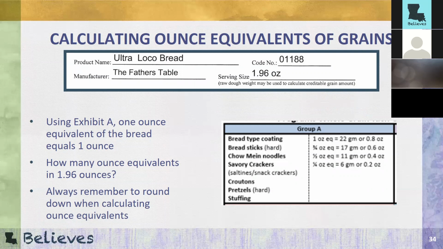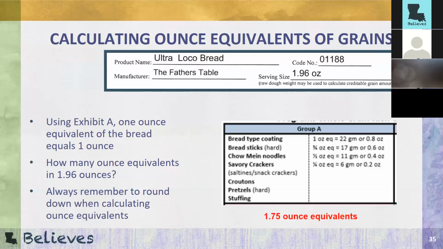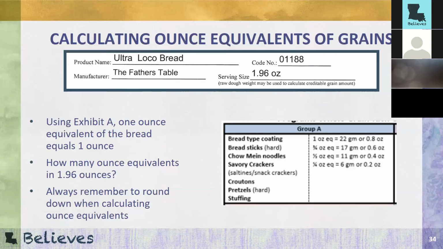So I'm going to use the Exhibit A chart, and bread is in Group A. And 1 ounce equivalent of bread is equal to 28 grams or 1 ounce. You have to determine how many ounce equivalents are in 1.96 ounces of bread. There's 1.96 ounce equivalents in the bread, but it's rounded down to 1.75 ounce equivalents.